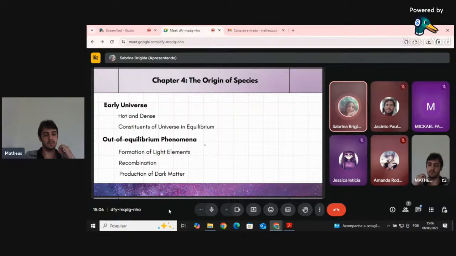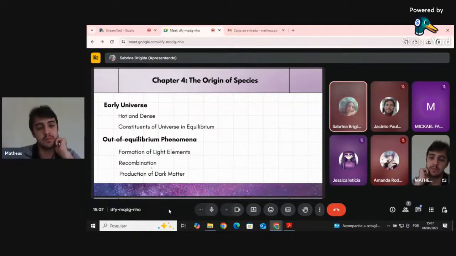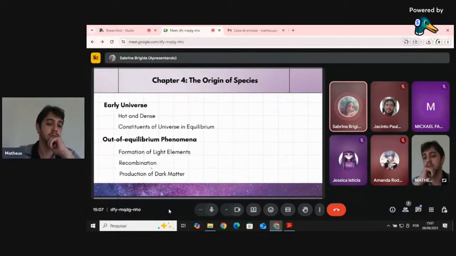In this chapter, we will see that out of equilibrium phenomena played a crucial role in understanding the formation of light elements during BBN, the recombination of electrons and protons to form neutral hydrogen, and the production of dark matter in the early universe. We're going to see some of these topics in today's presentation.